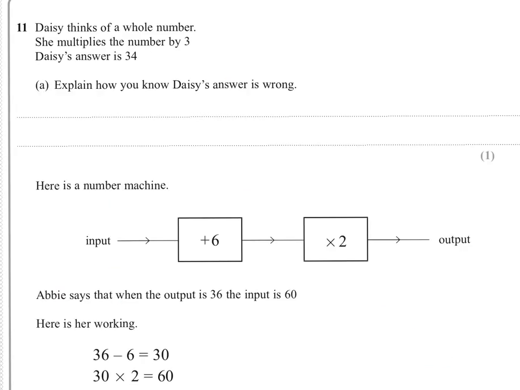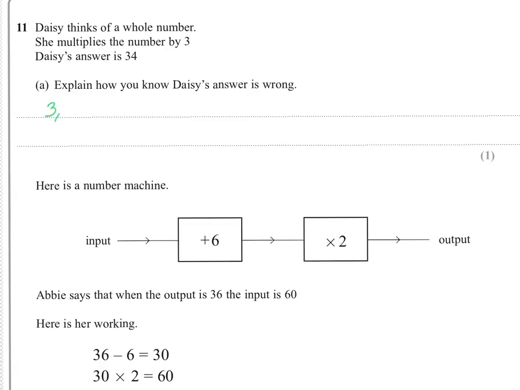Question 11. Daisy thinks of a whole number. She multiplies the number by 3 and Daisy's answer is 34. We have to explain how we know that Daisy's answer is wrong. Well, if we multiply a number by 3, then it will be in the 3 times table.